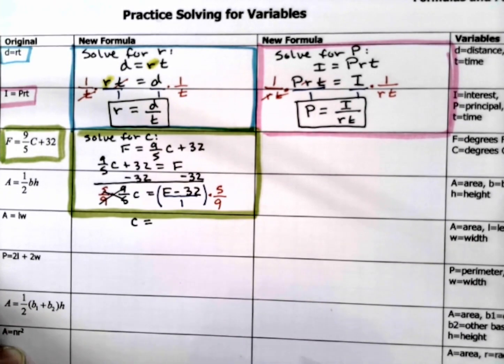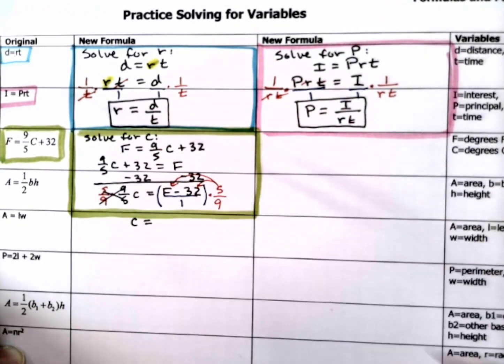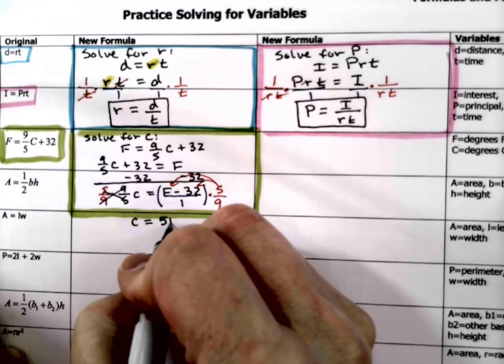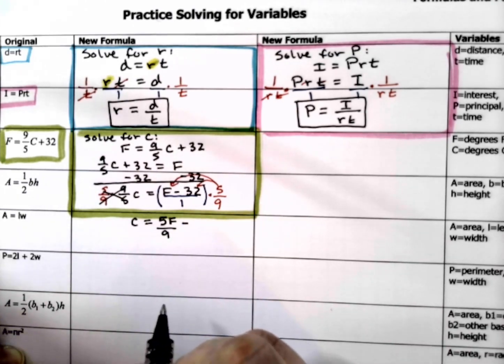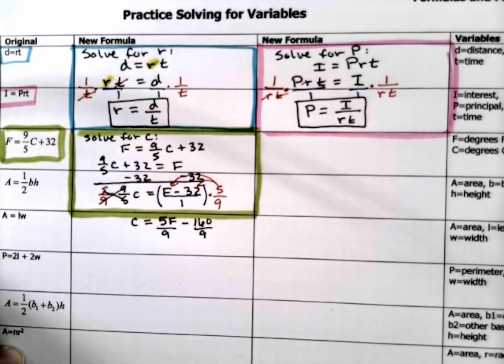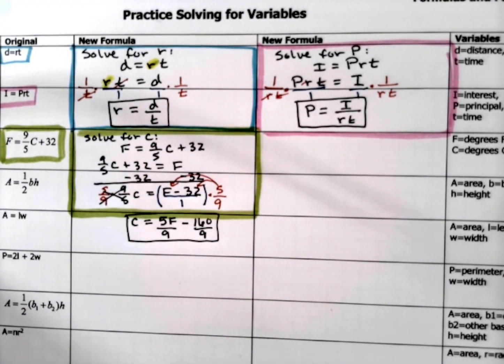C equals, and then you're going to backwards distribute that 5/9. So you end up with 5F over 9 minus, and then 32 times 5 is 160 over 9. And that is your answer.